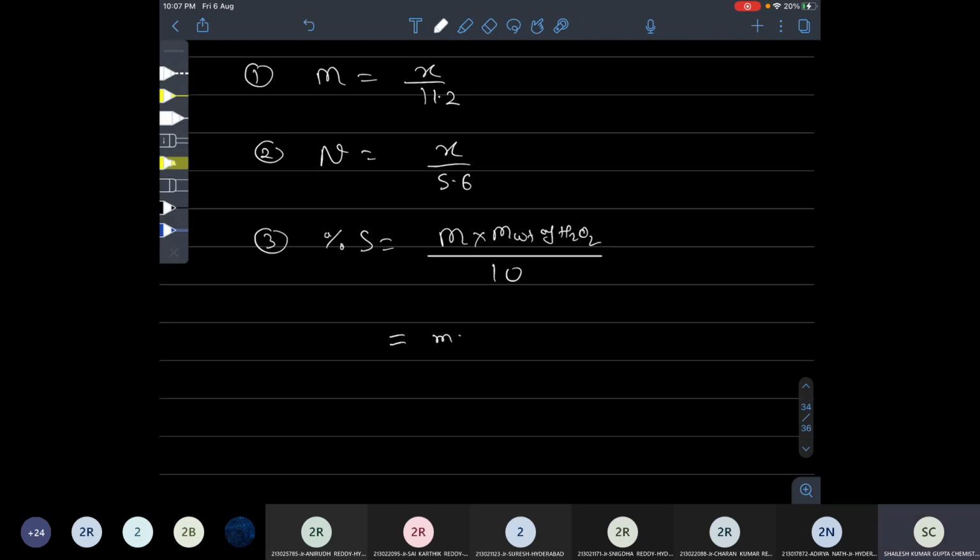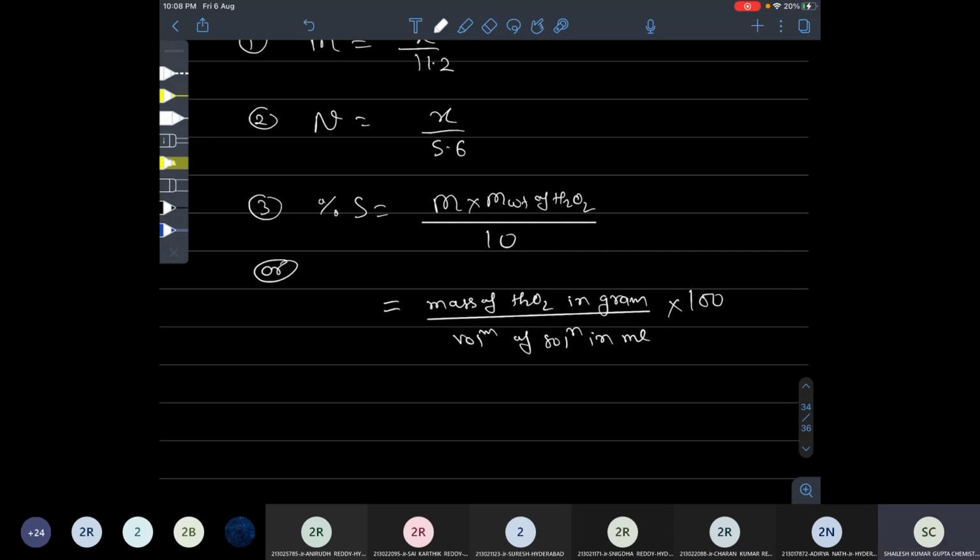Or it was basically mass of H2O2 in gram divided by volume of solution in ml, multiplied by 100 because they're talking about percentage. So this is for H2O2 I'm telling you.